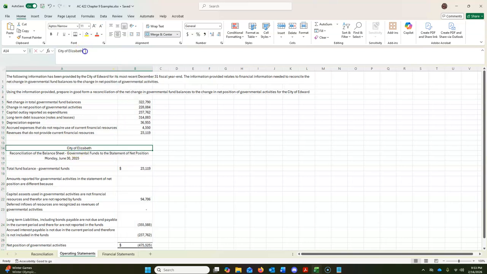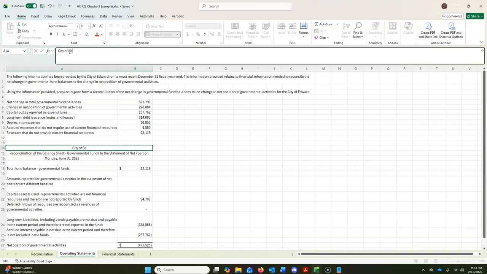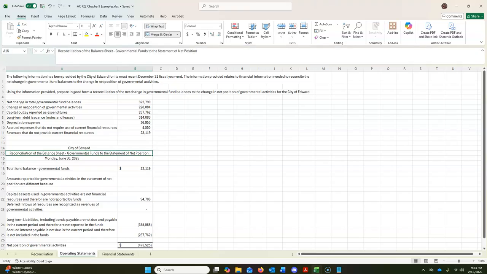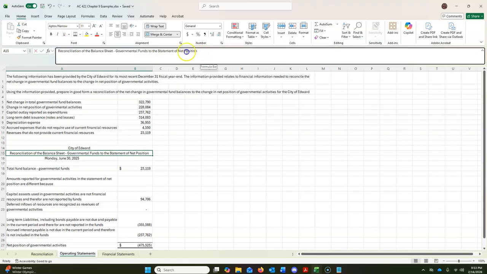So this is the city of Edward here. And this is the reconciliation of the statement of revenues that we're working on right now.